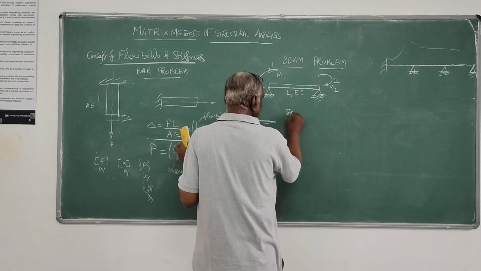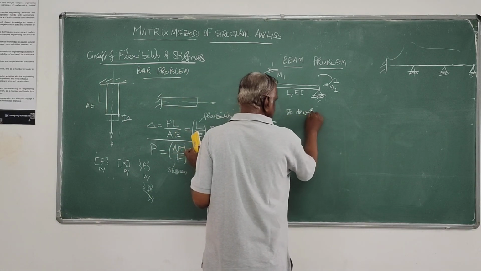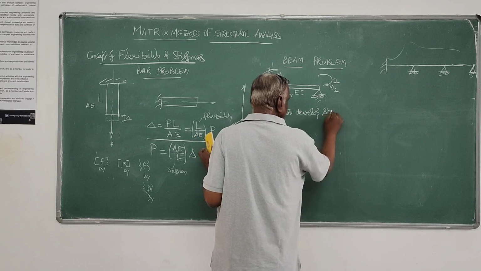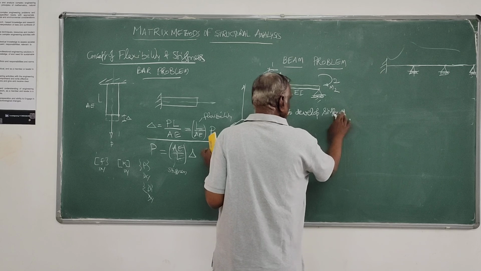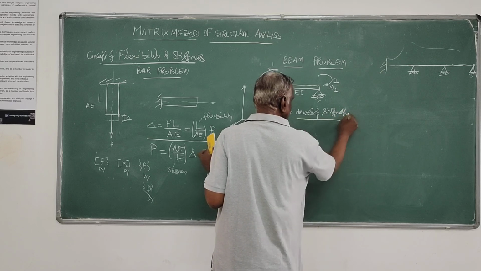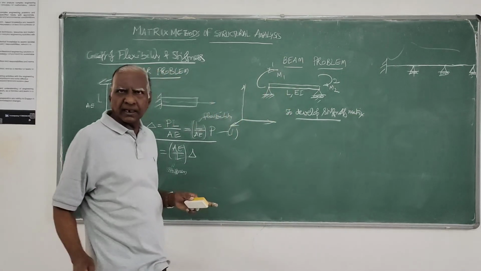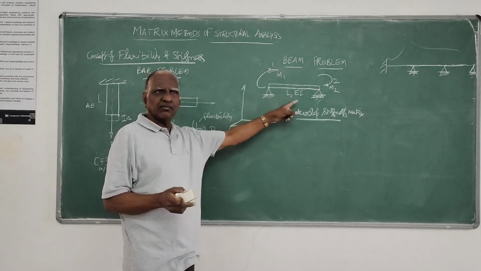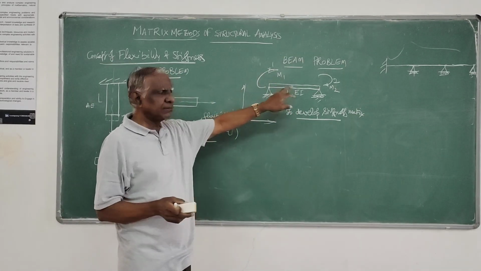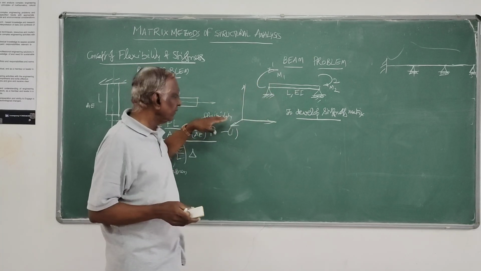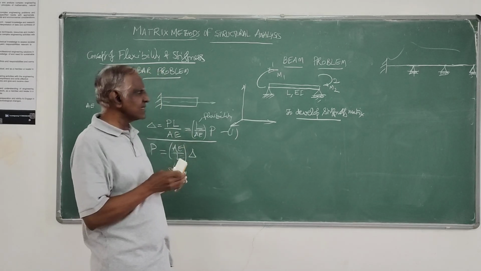First I will take up to develop stiffness. Then we can take flexibility. To develop stiffness matrix, you consider a beam element of length L, flexural rigidity EI, subjected to end moments M1 and M2 as shown here with respect to global coordinate system.